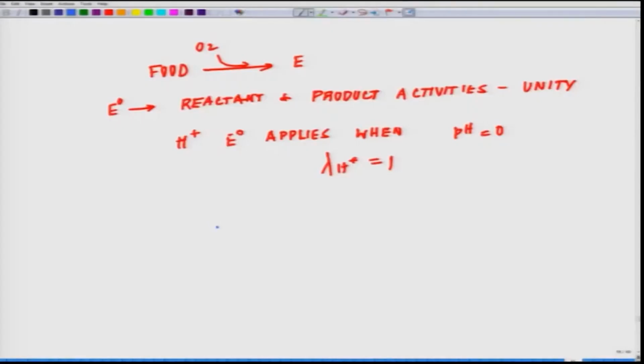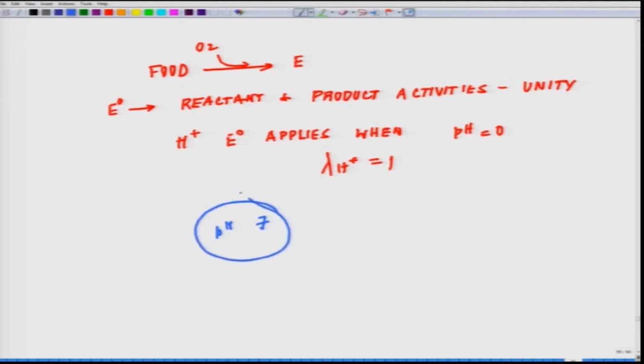Having said this, let us realize another fact: a biological system does not work at pH 0, except probably in your stomach or gut, where you are digesting food at extremely acidic pH, but the whole of biology works at pH 7.